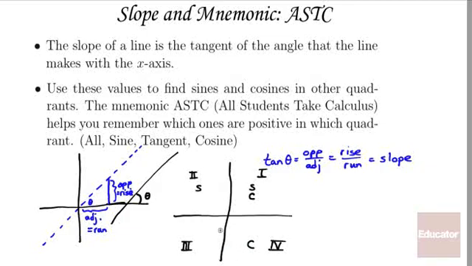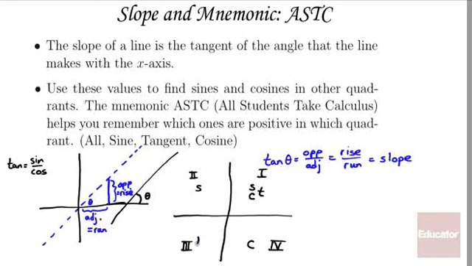So if you want to figure out when is tangent positive, well, it's positive either when sine and cosine are both positive or both negative. Remember, the tangent is equal to the sine over the cosine. So tangent is going to be positive in the first quadrant, negative in the second quadrant because sine is positive, cosine is negative.